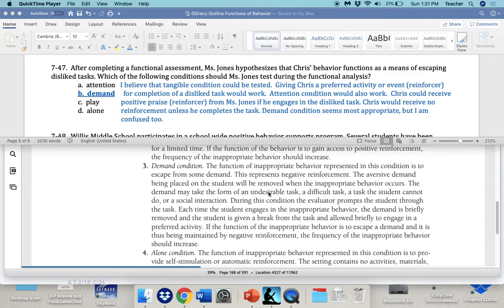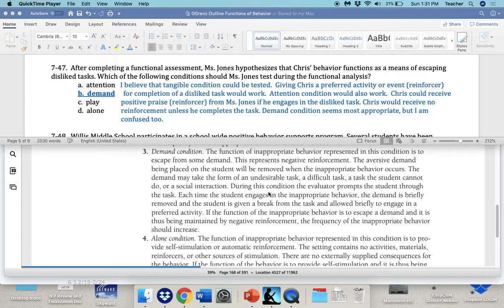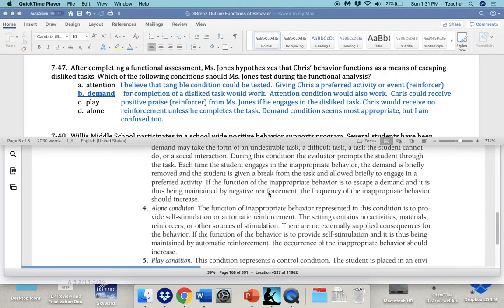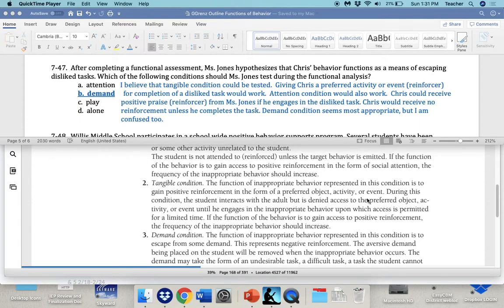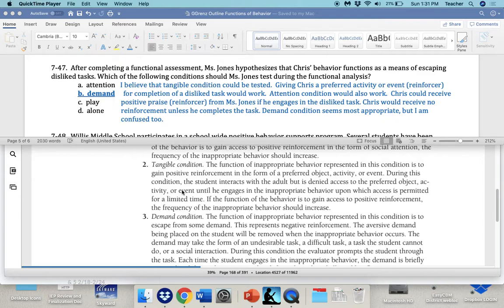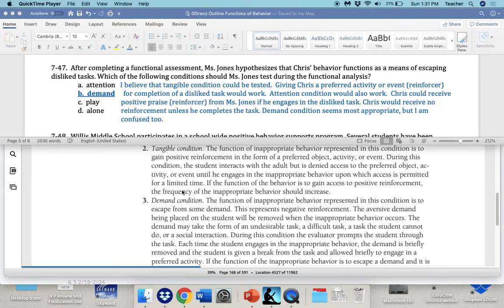So are we just putting them in a setting and seeing, like, on each of these it says, if the function of the behavior is to gain access to positive reinforcement, the frequency of the inappropriate behavior should increase. So we're putting them in these environments to see if the reason they're doing this is tangible because they want a preferred object or an activity or event, and is giving them the preferred object going to make the inappropriate behavior go away?